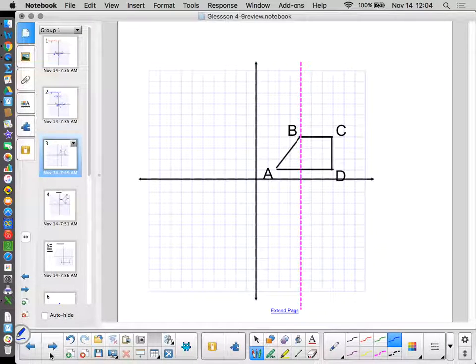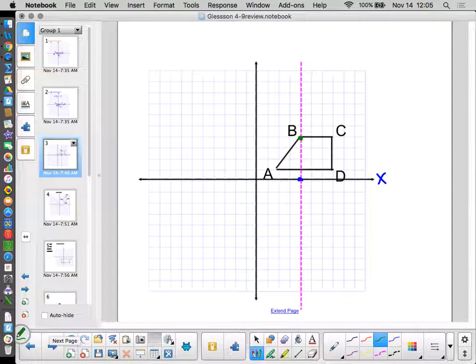Reflection. If it's a reflection in a line other than an axis or y = x, we do actually have to draw the line in. This is a reflection over the line x = 4. Now remember, x = 4. This is the x-axis, x = 4 right there. It wouldn't make sense to do a horizontal line. It has to be vertical because x = 4. And again, the way we reflect things is one point at a time.